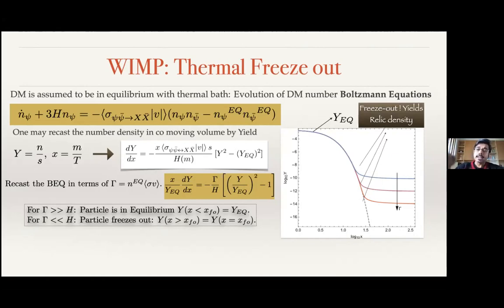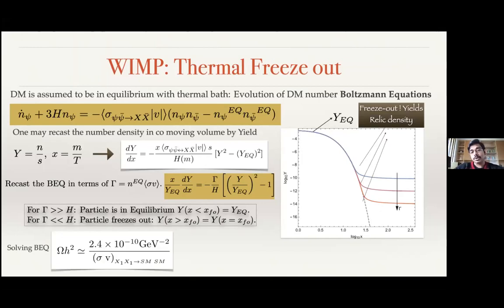And depending on the rate of interaction, gamma is larger towards the bottom. So basically, it means the larger the interaction of the dark sector with the standard model, the smaller the number density or the yield becomes after it freezes out. Therefore, it says that your dark matter relic density from this freeze out will be inversely proportional to the annihilation cross section of the dark matter to the standard model.